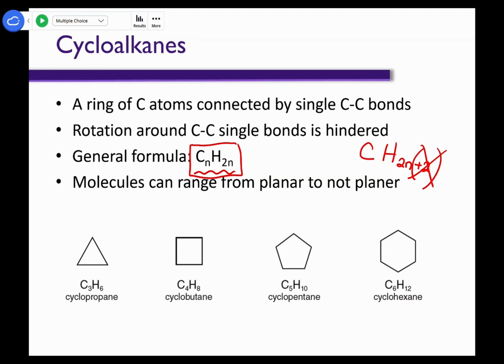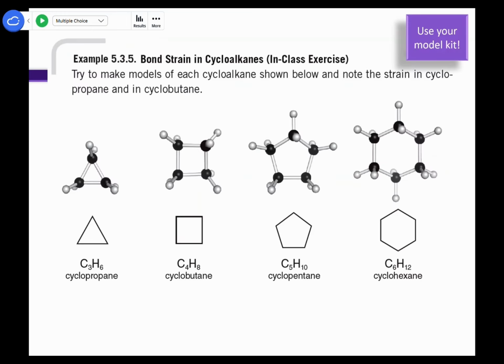So let's start with our cyclopropane. We have different types of cyclic molecules, and we're going to work through all of these different ones. So we're going to start here with cyclopropane. So you're going to take 3 of your carbon tetrahedral pieces, or take that ethane piece, grab another one, start with a propane.